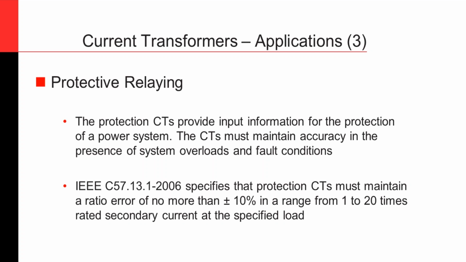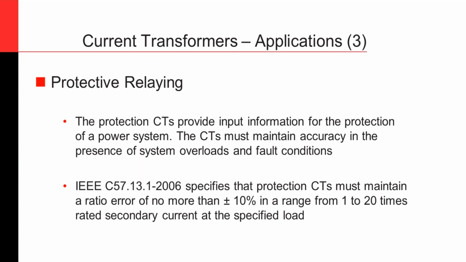It has to stay within about a 10% range, anywhere from 1 to 20 times the rated current. That's what is mentioned by the IEEE C57.13. It mentions that the accuracy of your protection type CT should be within 10% anywhere between 1 to 20 times the rated current.